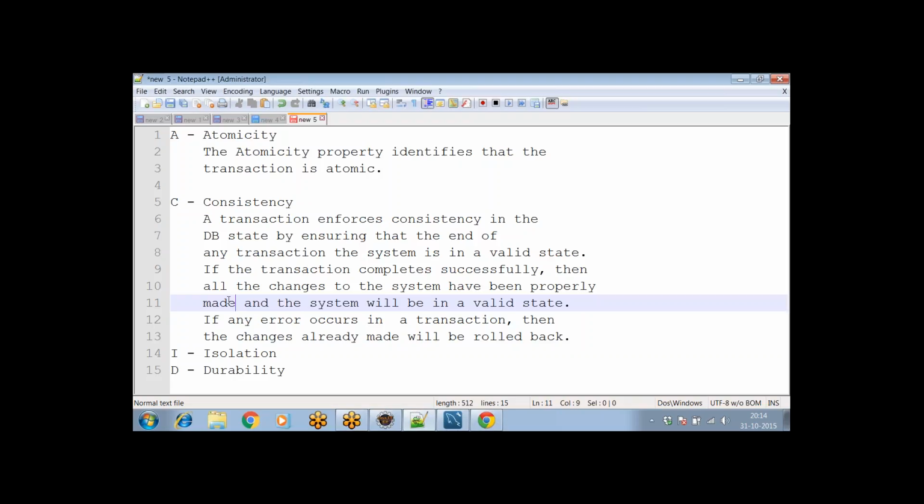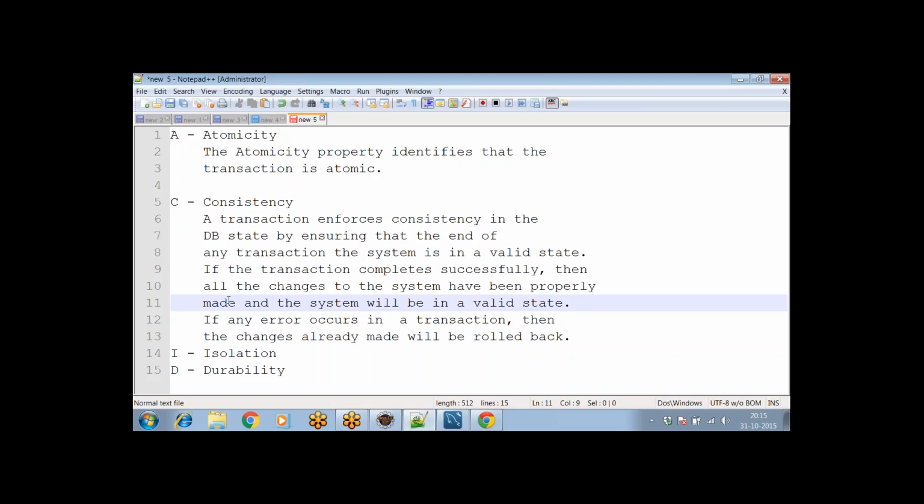If you have a database system in a valid state, the data is absolutely fine, so if a transaction successfully executes, it should leave that system in the valid state itself. After successful execution of the transaction, the data should still be in the valid state.